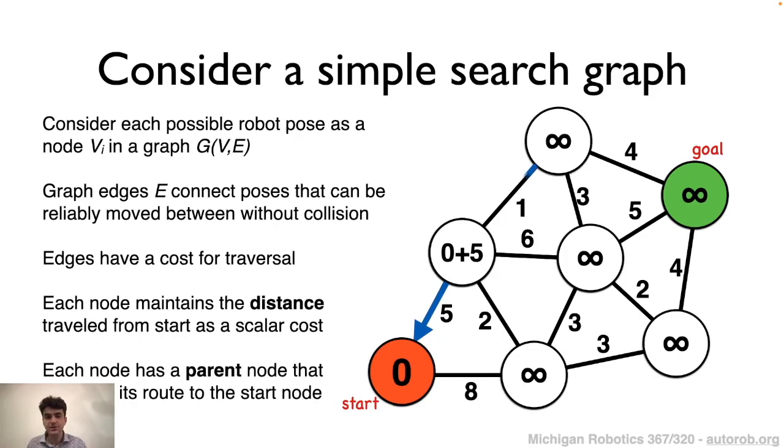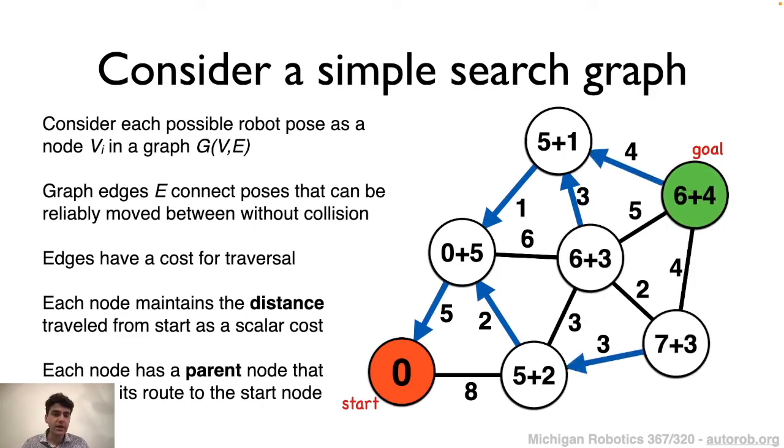In addition to this, one other notation we can use is to represent the parent node of each of the nodes within the graph, representing the route that the robot would have taken from the start node to reach that particular node in an optimal, or minimized cost, fashion.